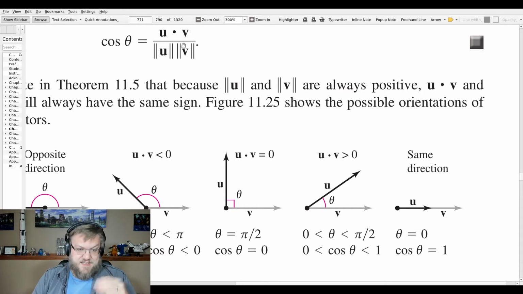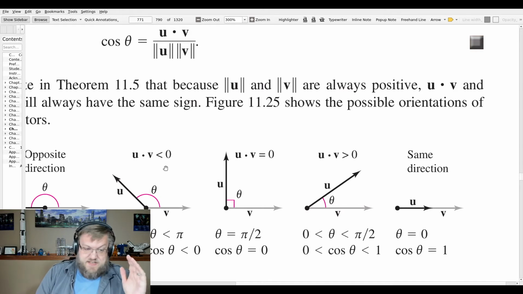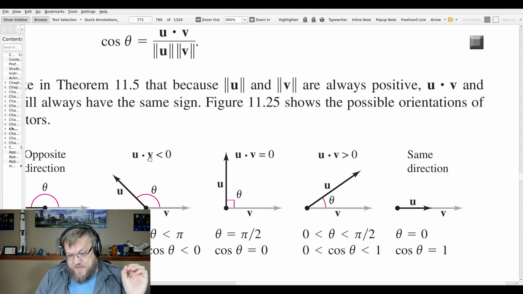And because cosine is a negative number, I know it lives in the second quadrant, the angle does. And so that means that the angle has to be somewhere between 90 degrees and 180 degrees. Right? This really gives us a nice way of looking at the dot product. Positive dot product, acute angle. Negative dot product, an obtuse angle.